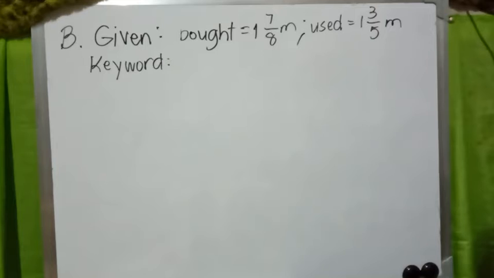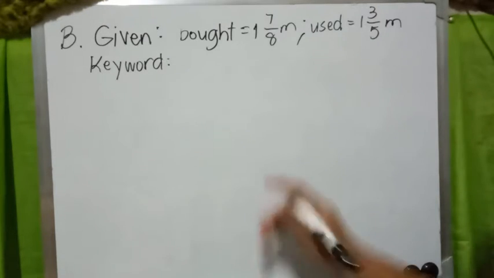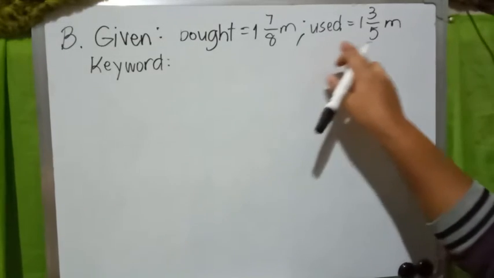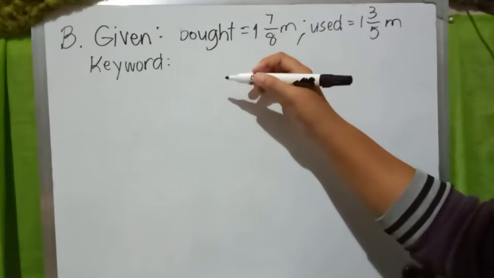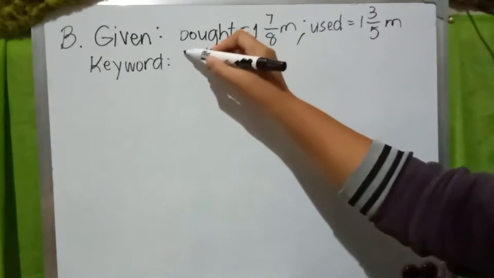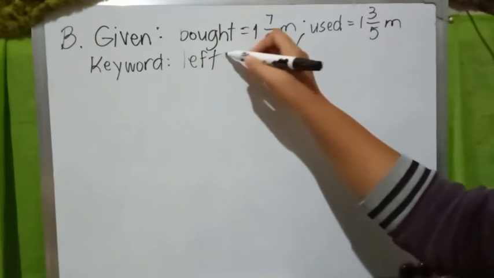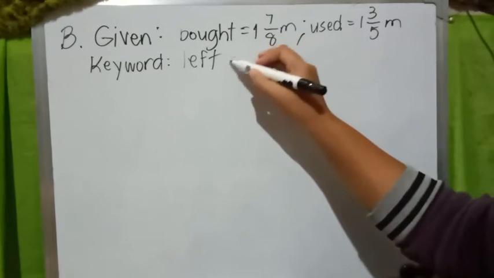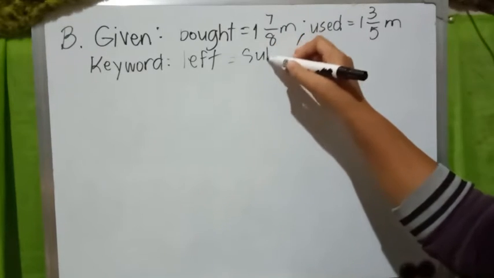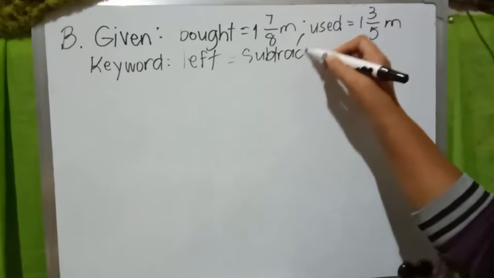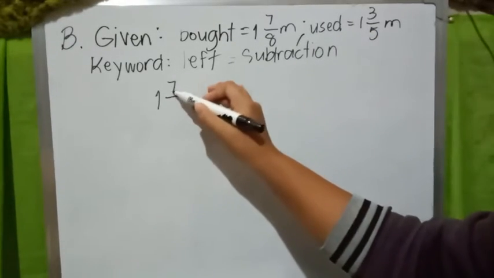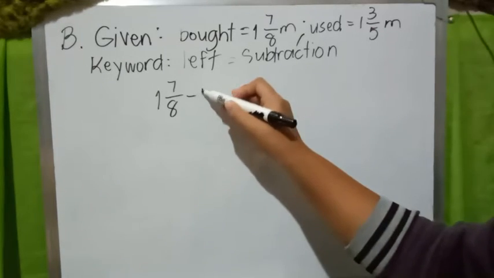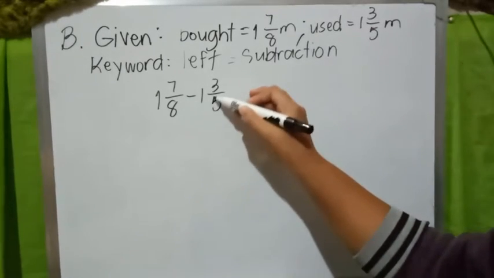Even though we are not asking for the keyword in our question, we have the word used. When you say used, you will take away. Or in the question we have the word left, that would be subtraction. So we need to subtract 1 and 7/8 minus 1 and 3/5.